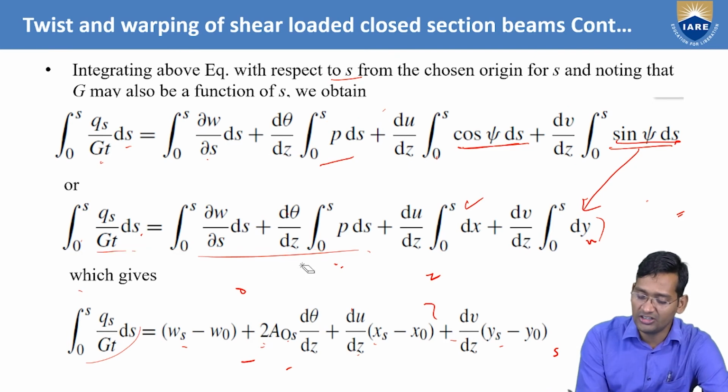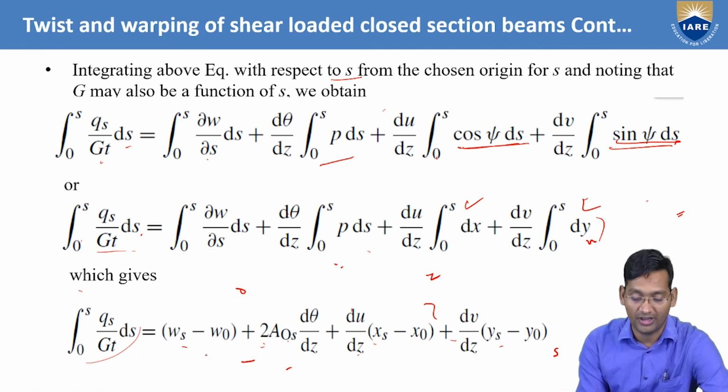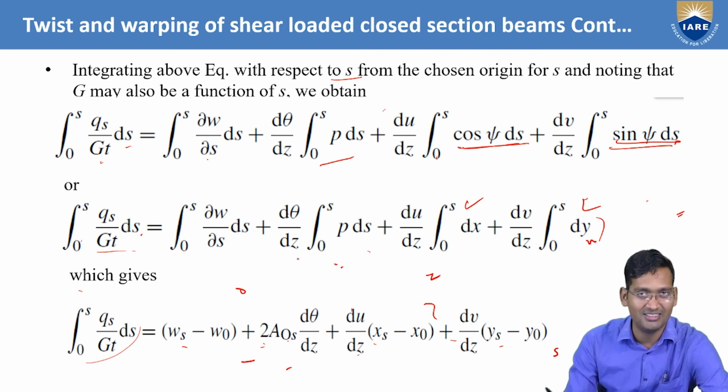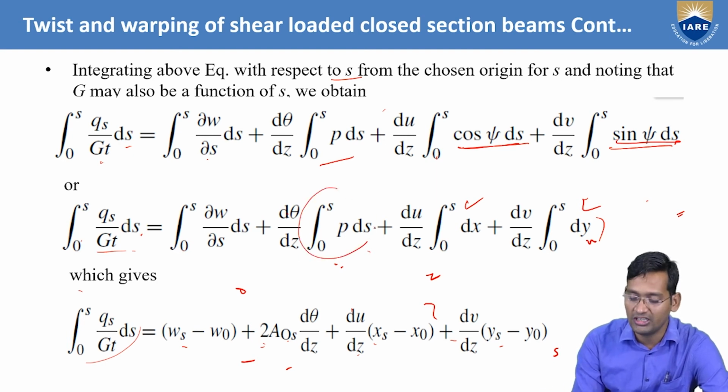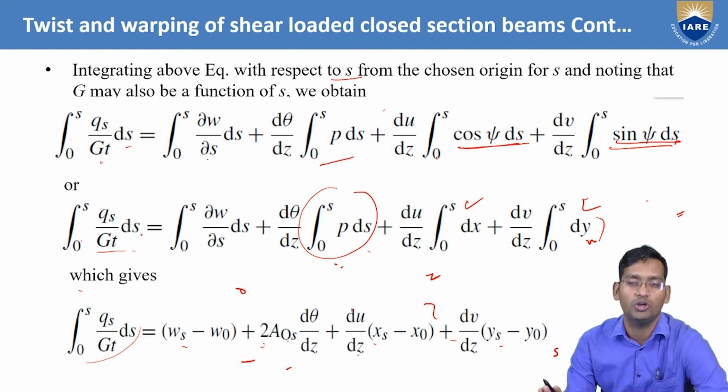After integration, what we will get? Integral of qs by Gt into ds equals, the integration of this will be w. So w after putting limit 0 to s is ws minus w naught, because we are doing upper limit minus lower limit. So ws minus w naught plus d theta by dz is constant, and this whole area is 2A from 0 to s, that is 2 into area.